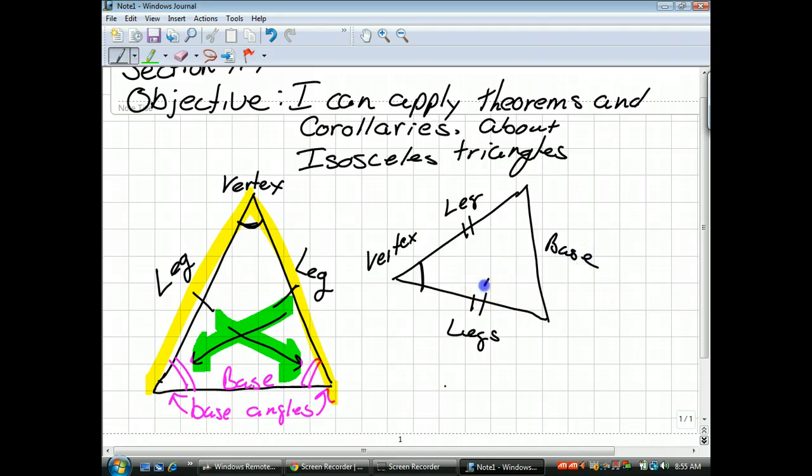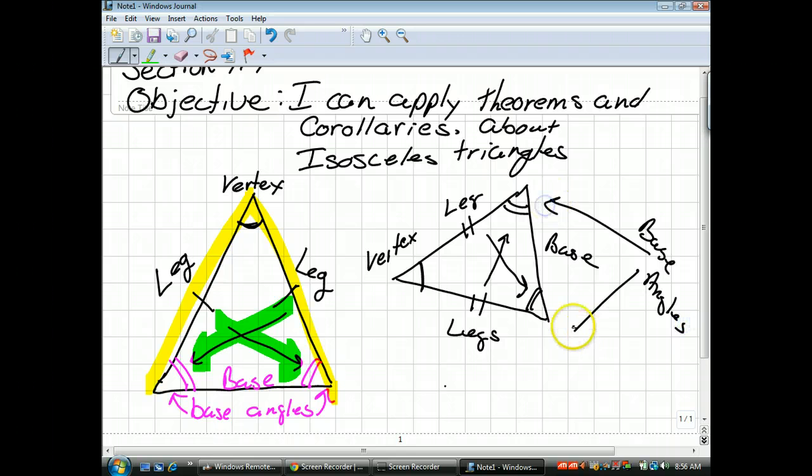And then the two angles opposite the congruent sides would be our base angles. Okay, so again, nothing to do with how it sits on the paper. It has to do with where the congruent sides are and where the base is.